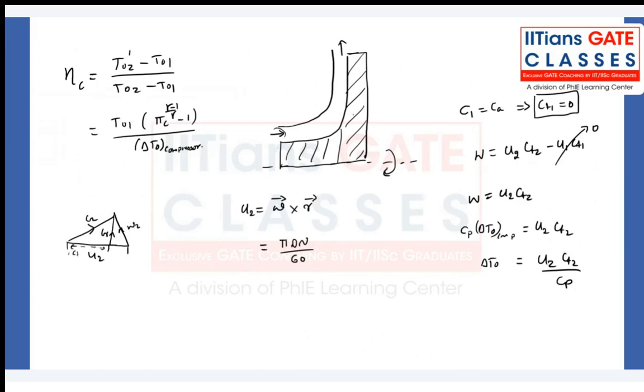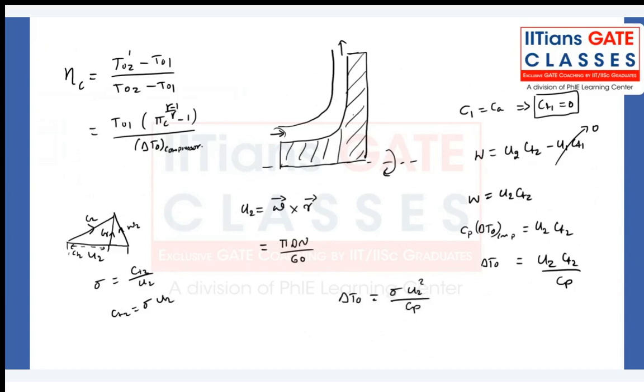So the slip factor is nothing but the ratio of actual tangential velocity to the ideal tangential velocity, that is for radial vane impellers, CT2 by U2. So I can write CT2 equal to sigma times U2. So I can easily replace the delta T naught equation with sigma times U2 square divided by Cp.